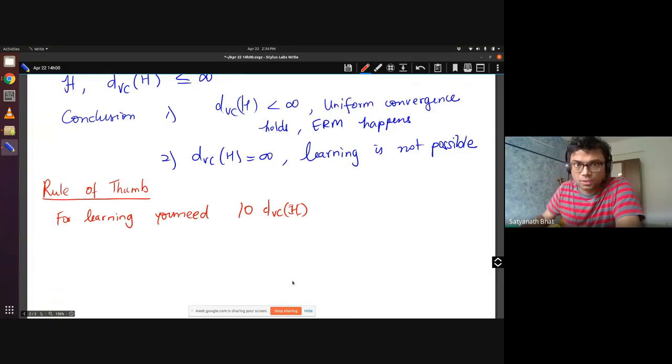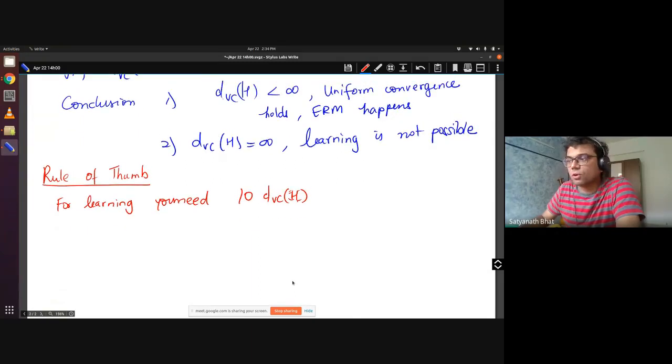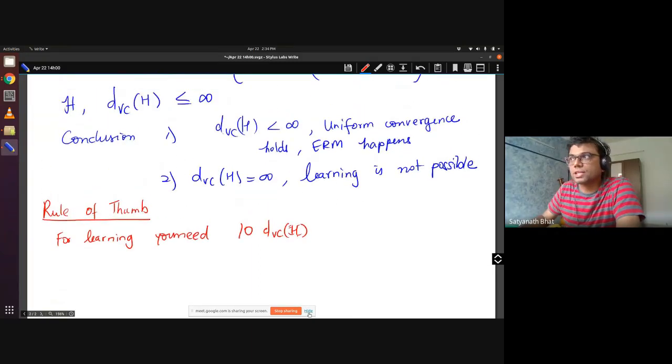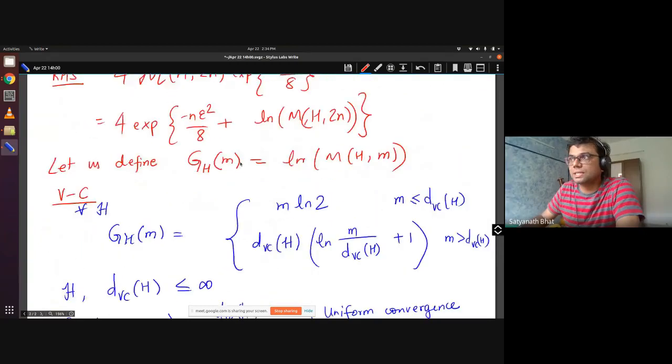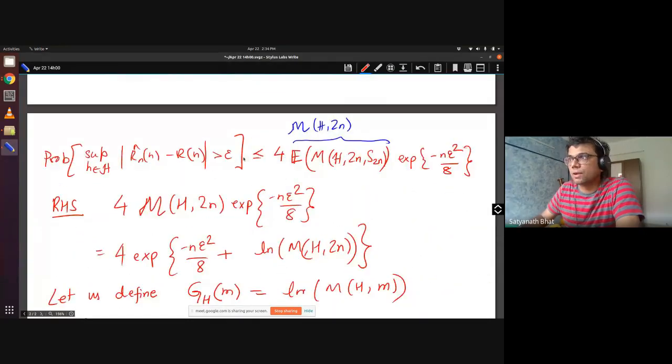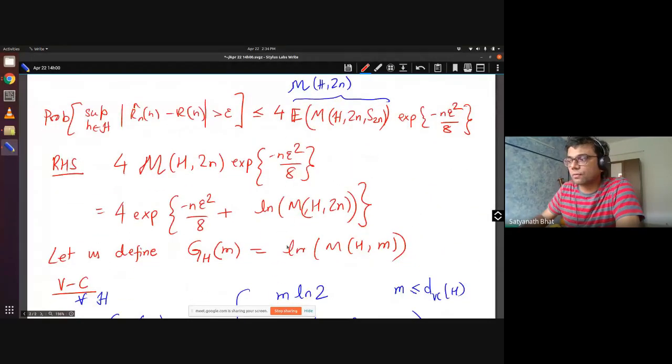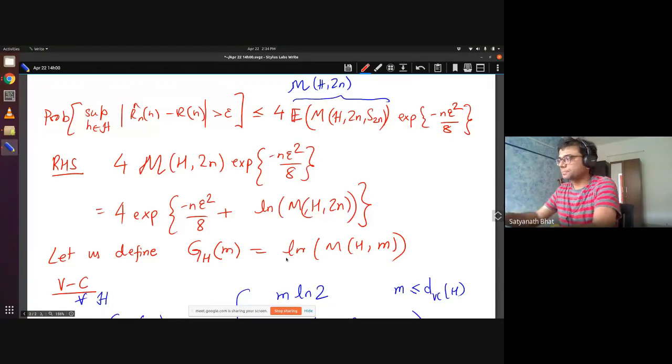Before that, I want to show another application of how this VC inequality will be useful. And if time permits, today we will also see some examples of how to find the VC dimension for different hypothesis bags.